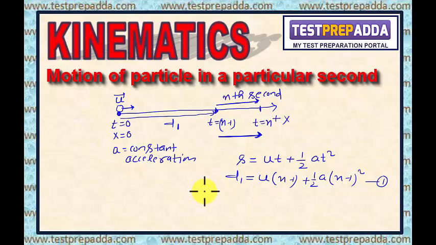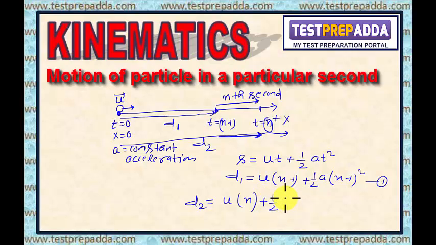Consider this as equation 1. Now similarly, in this equation of motion, if I write this t as n, then I'll get this total distance d2. So d2 I'll write as u n plus half a n square. Consider this as equation 2.